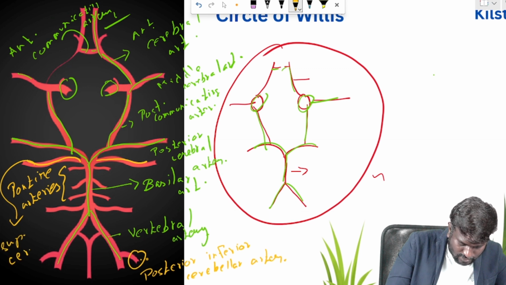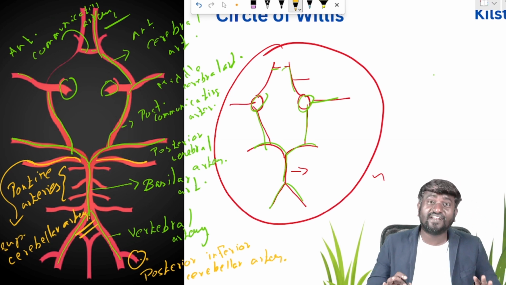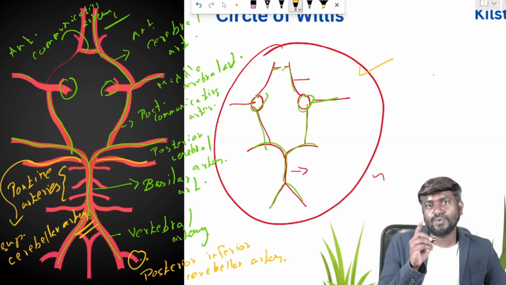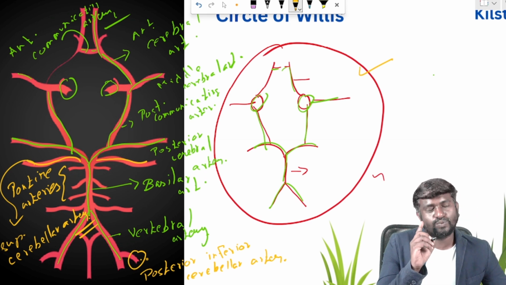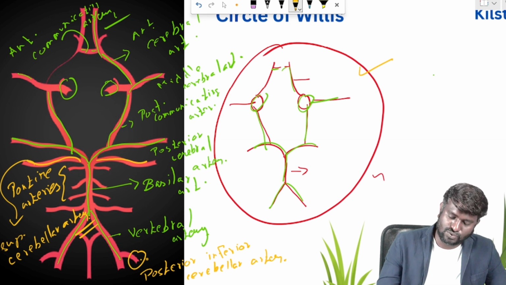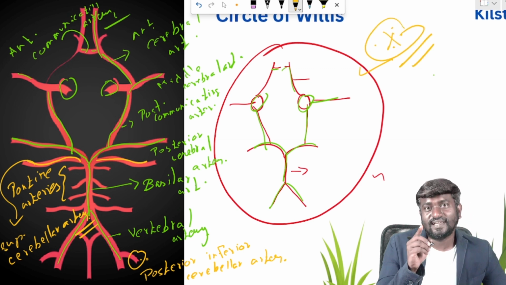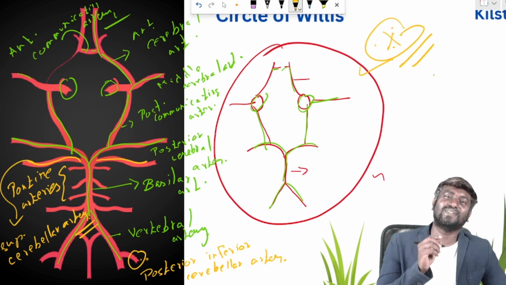If you can remember this much in the circle of Willis, or at least this, you will definitely get that one good mark. Circle of Willis is a very important topic for our exam and for our knowledge as well.